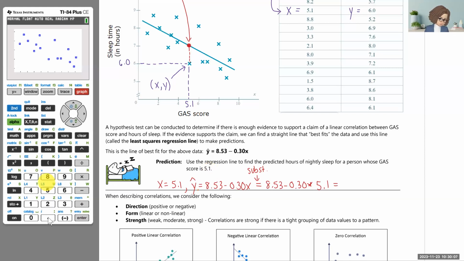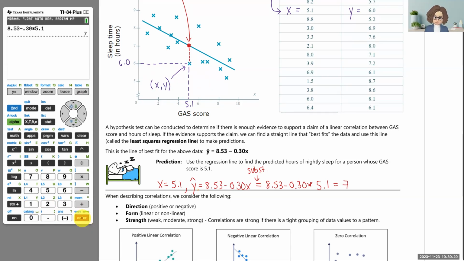All right, so we'll type that in, 8.53 minus 0.30 times 5.1. And that is 7. So I'm going to put units here to remind you what we're doing here, 7 hours of sleep. So I predict that for people with a GAS score of 5.1, hours of sleep is 7.